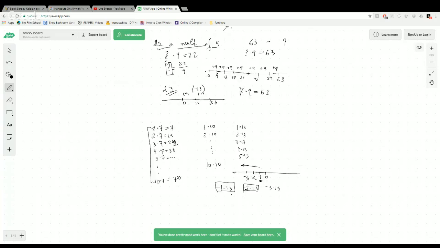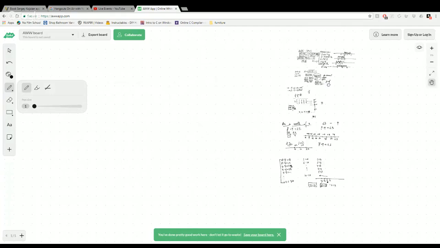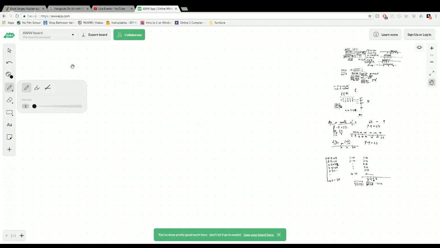Next problem reads as follows. Find a list of the first 10 positive multiples of 4 and a list of the first 10 positive multiples of 6. Find the smallest positive integer that is a multiple of both of them. Okay, let's write out both lists. 10 positive multiples of 4.